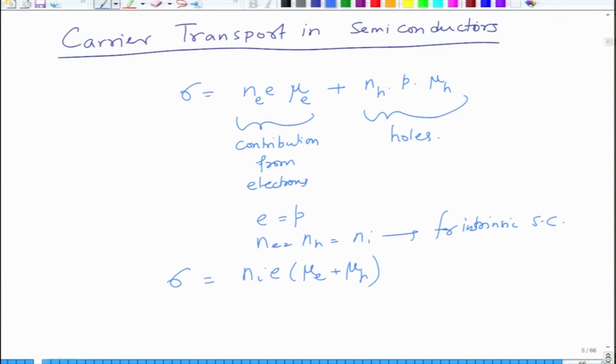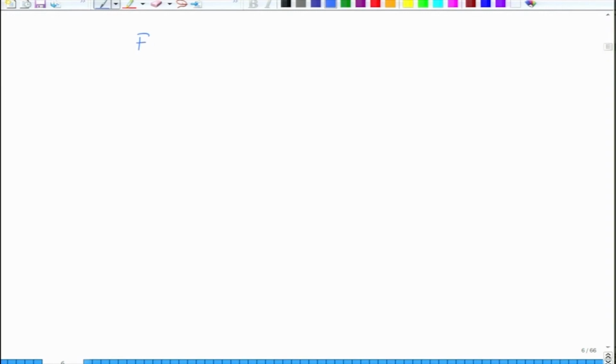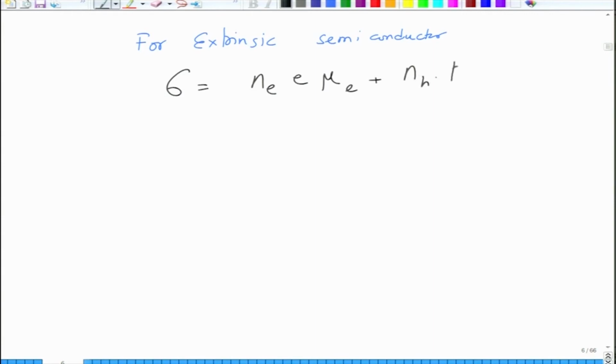However, for extrinsic semiconductor, the expression changes a bit. So we are saying that sigma is equal to Ne e mu e plus Nh p mu h. Okay.